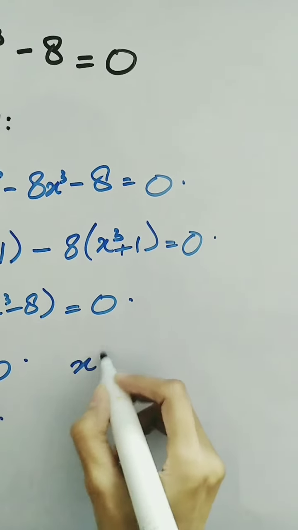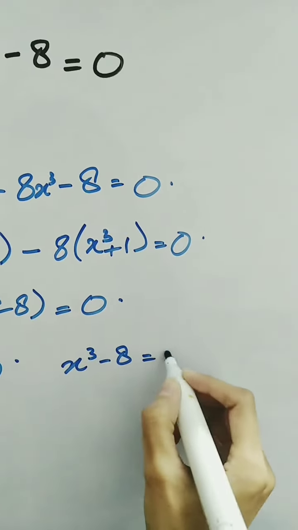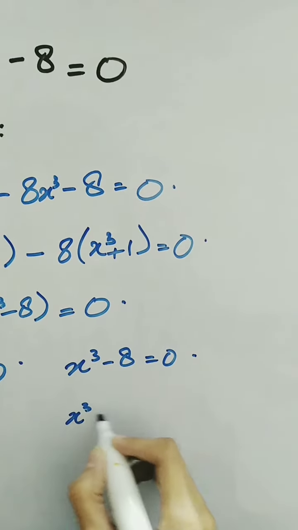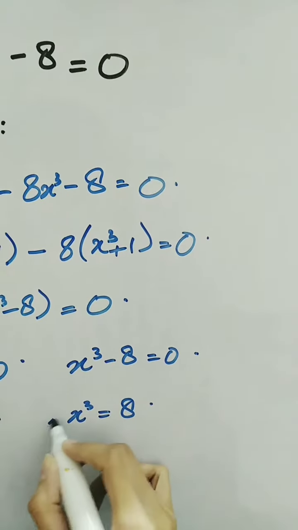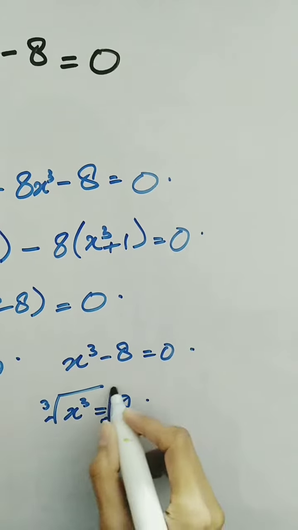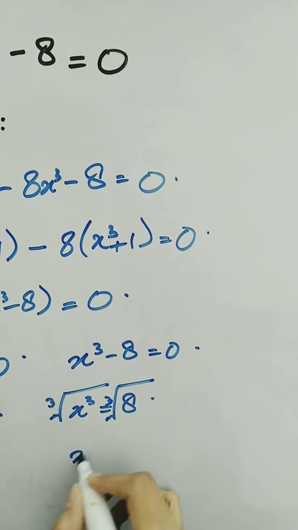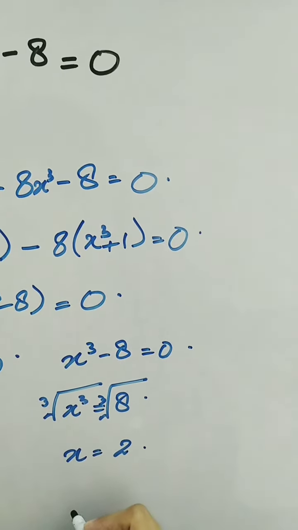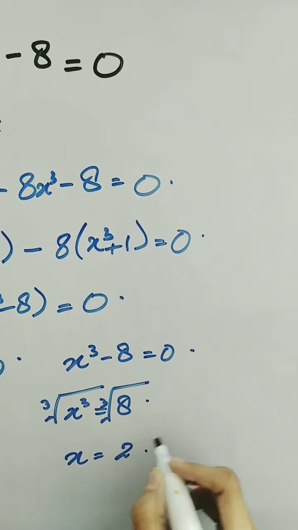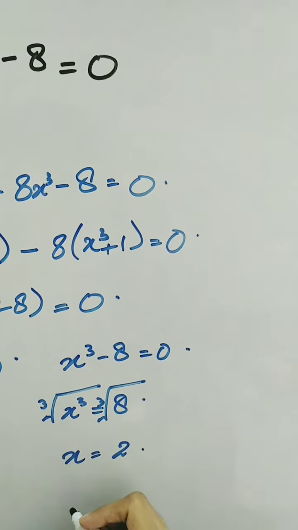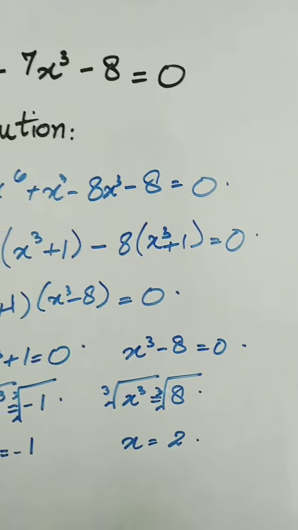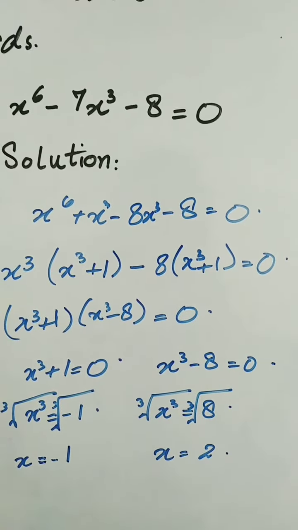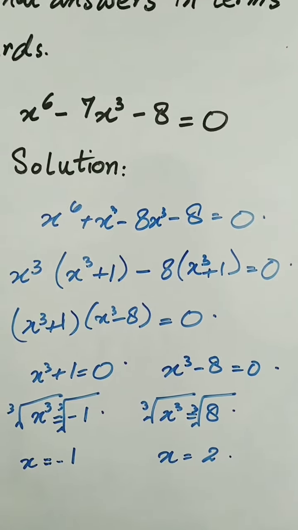Now we have x cube minus 8 is equal to 0 and x cube is equal to 8. If we take the cube root of 8, it comes out as 2, as 2 into 2 into 2 is 8. So our answers are minus 1 and 2.